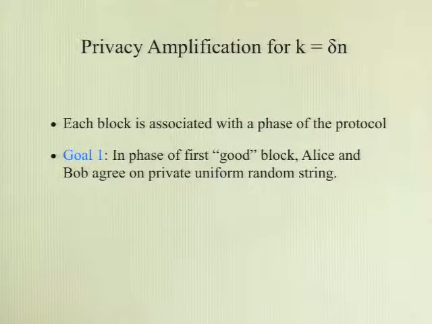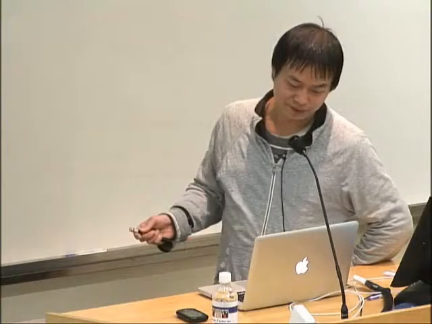So we want to say that in the first good block, Alice and Bob will agree on a private uniform random string. So in the phase associated with this first good block, at the end of this phase, the two parties agreed on some private uniform random string.